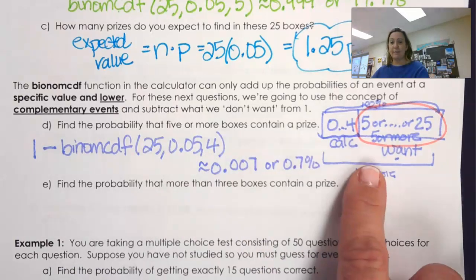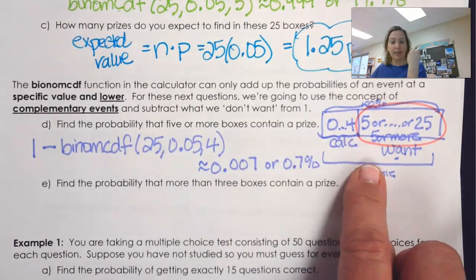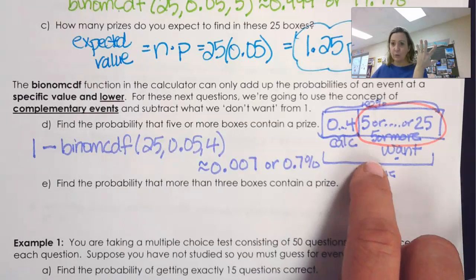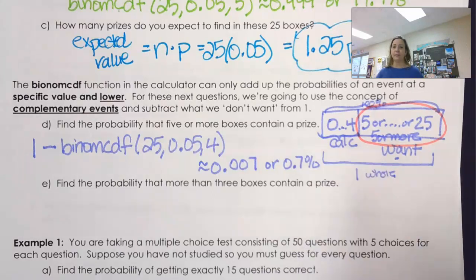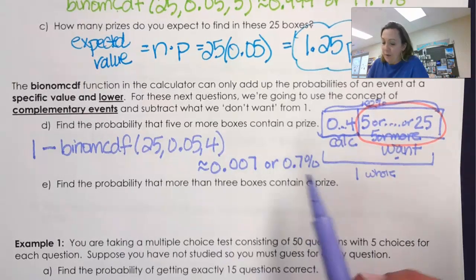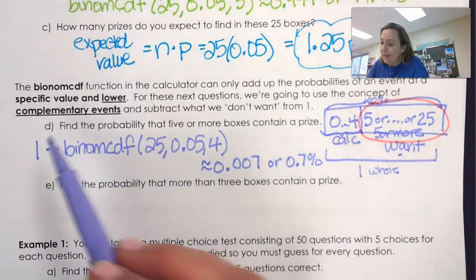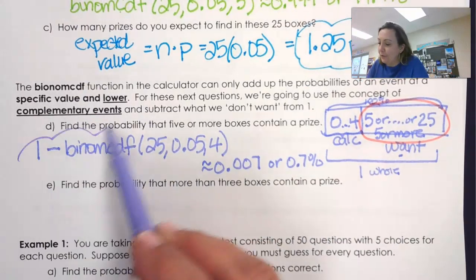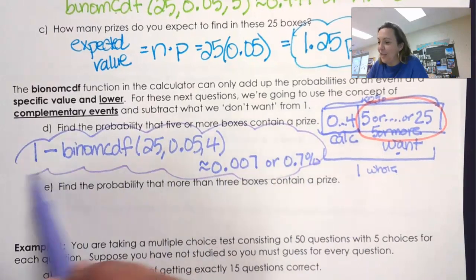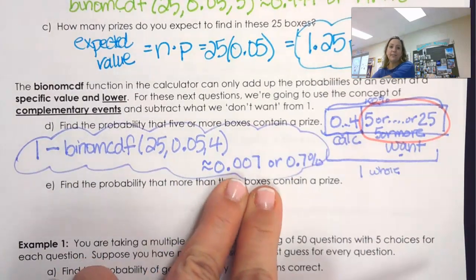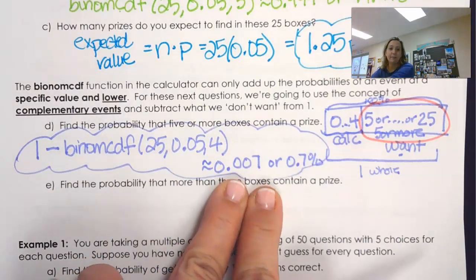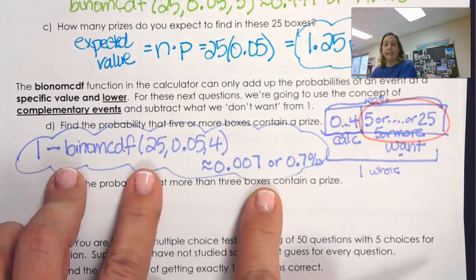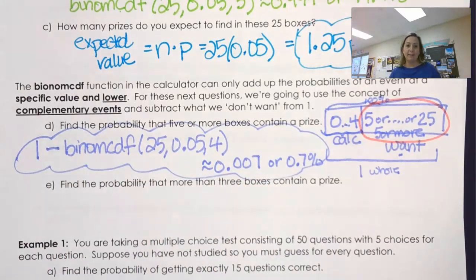We really have to think about that. I encourage you to draw some sort of picture like this, and we'll do it together several times so that you get a little more used to it. Really, it's just the 0.007 or the 0.7% that is our answer, but please write this down so that we know how you got that.